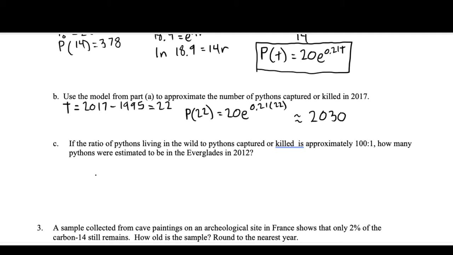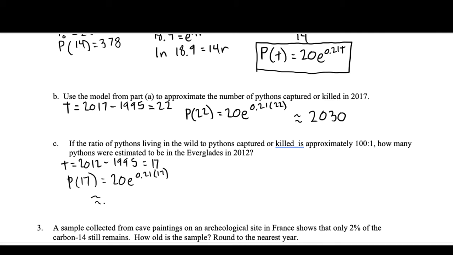So in 2012, figure out how many years that is since 1995. 2012 minus 1995 is equal to 17. So then I'll take 17 and plug it into my function. I'll evaluate p of 17, which equals 20 times e raised to the power of 0.21 times 17.